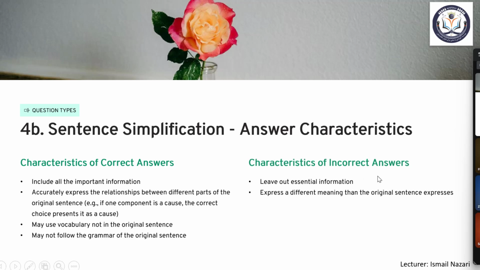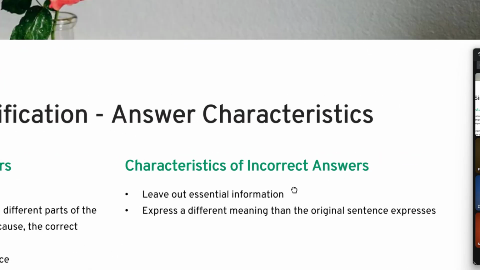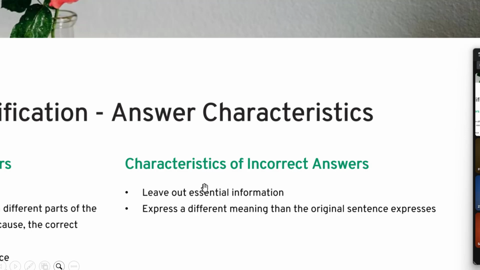Now, if the answer choices are incorrect, first they might leave out essential information. If some of the answer choices are wrong, they might leave out information which is stated in the highlighted text but not in the answer choice, as we had with answer choice B in applied art objects.